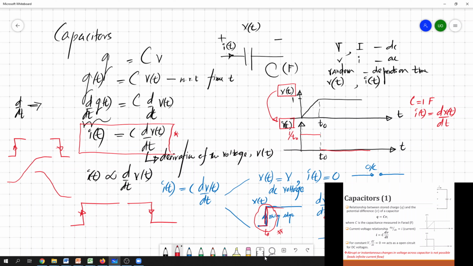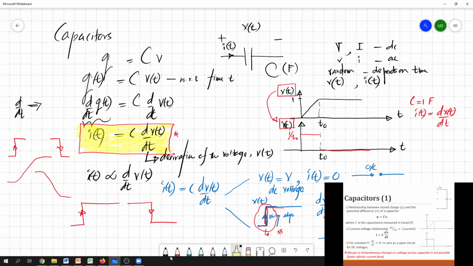Okay, so we basically identify a couple of key points. This is one. This is actually the fundamental equation for the capacitor.